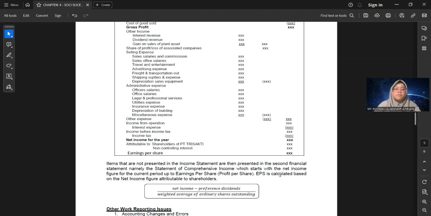EPS is calculated based on the net income figure attributable to shareholders. Here is the formula to get EPS: net income minus preference dividends, divided by the weighted average of ordinary shares outstanding.